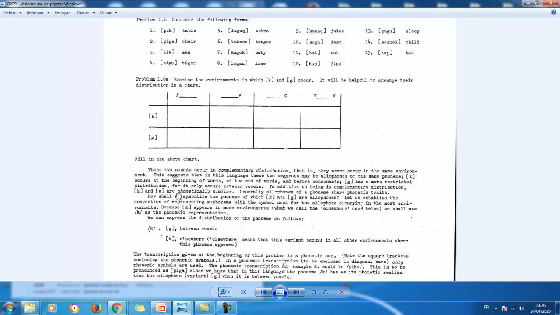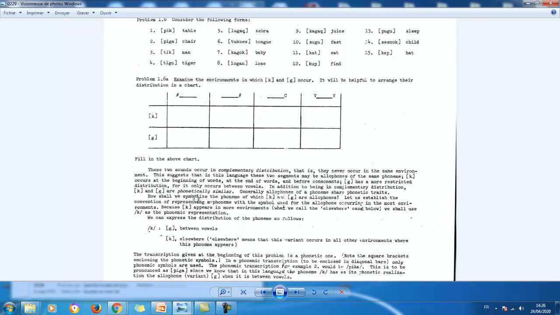Why do we say that they are phonetically similar? Both of them, k and g, are stop sounds. And at the same time they are velar sounds. So they share at least two phonetic features. They are stops and velar sounds.